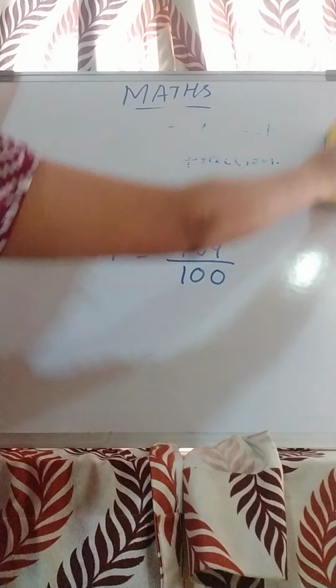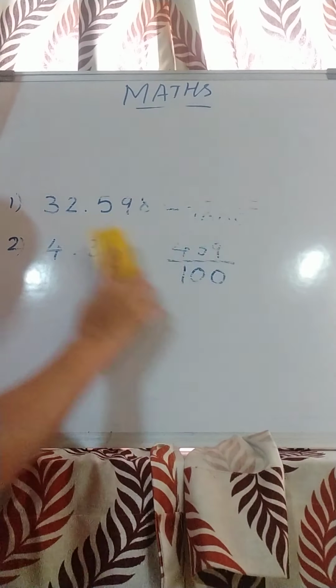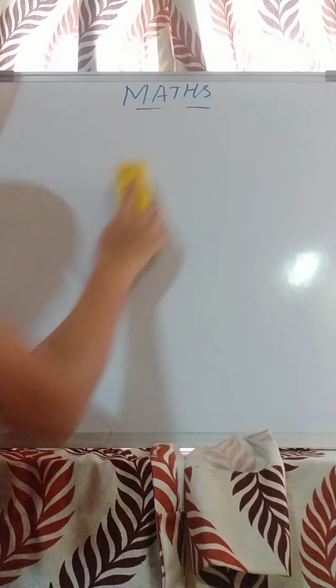First open page number 32 of practice set 15. The first question is, write the proper number in the empty boxes. Some common fractions are given. You have to make their denominator a multiple of 10 and then convert it into decimal fraction.